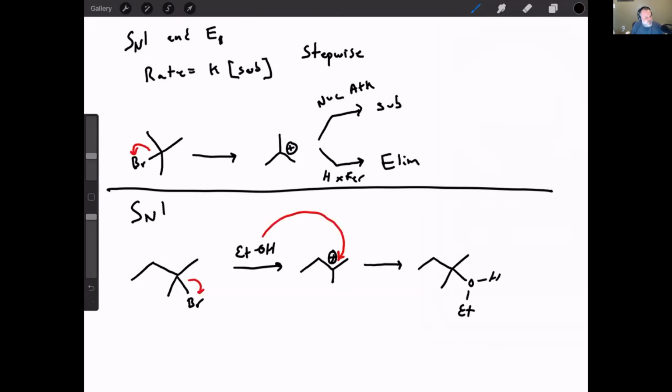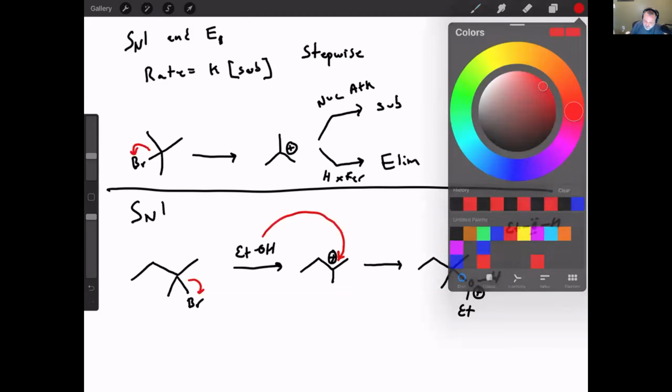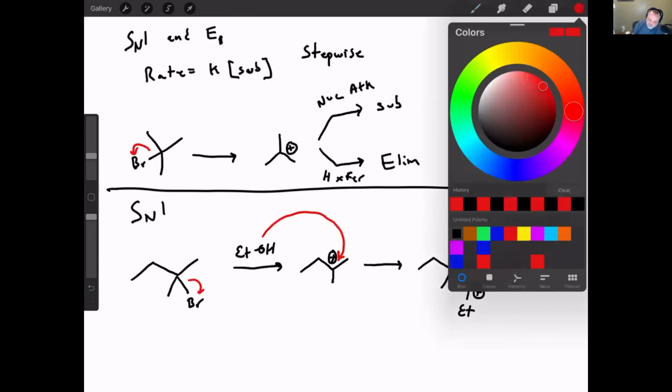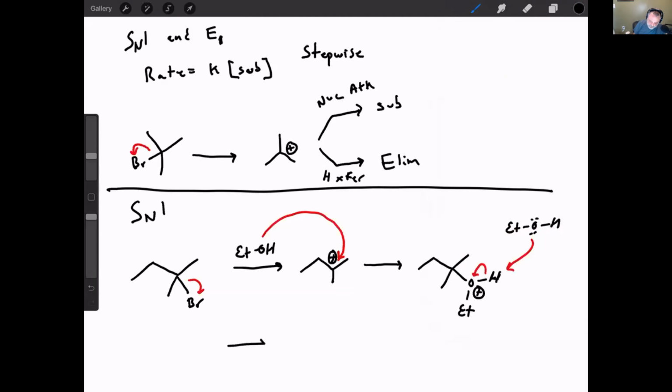And then eventually, though, in order to form a neutral product, I would have to have something come along and do a proton transfer. And for reasons that I'm not going to mention at the moment, I'm going to show ethanol doing that proton transfer.